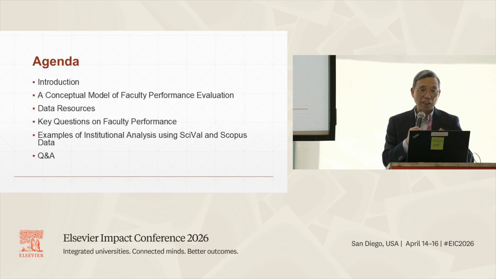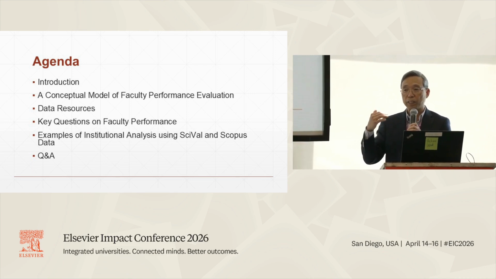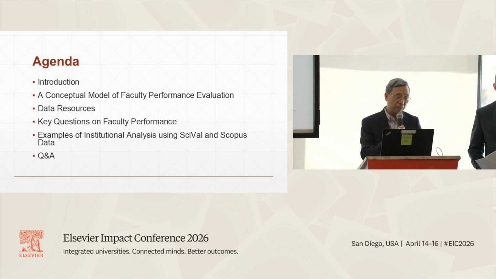But today we're going to talk at a very high level. Our office is institutional research and planning. We don't look at data from the librarian perspective, but more from an institutional, organizational effectiveness perspective.